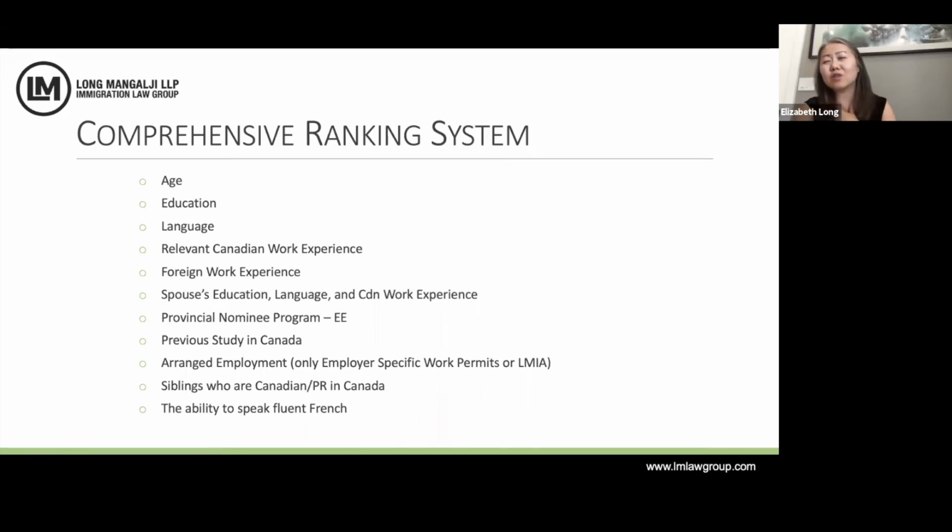Now, unless you were extremely, extremely talented, I don't think that would be a great idea, because you have to actually not just speak, but read, write, and listen at a very, very high level in order to get the significant points for French, okay? Trade certification, that is only with regard to the trades, the provincial certifications there, okay?